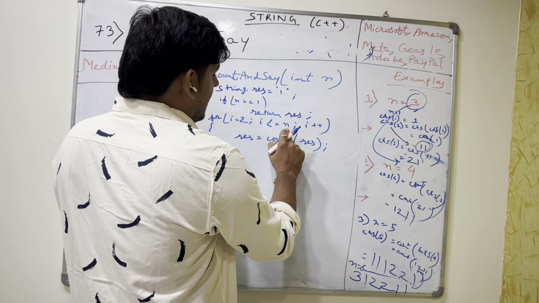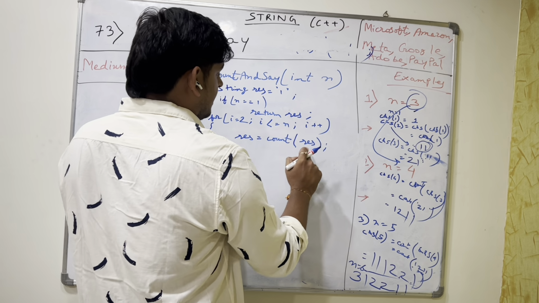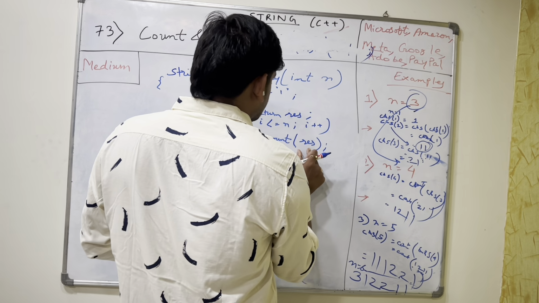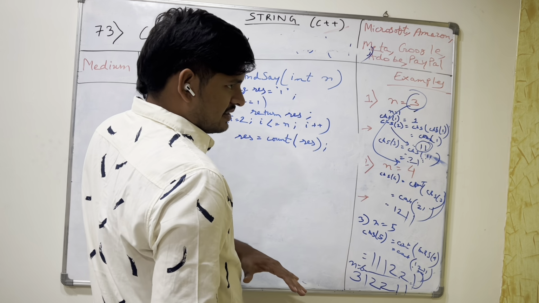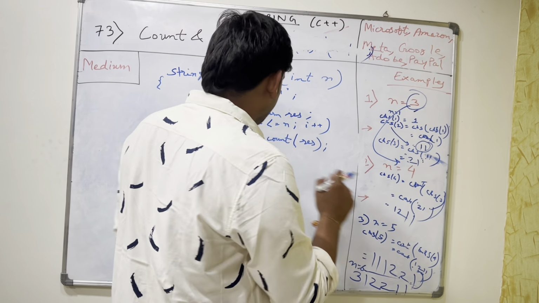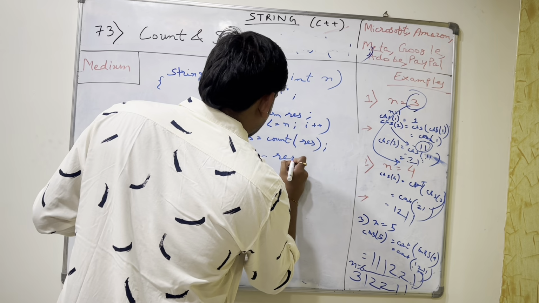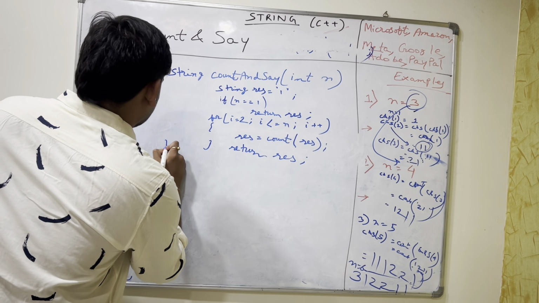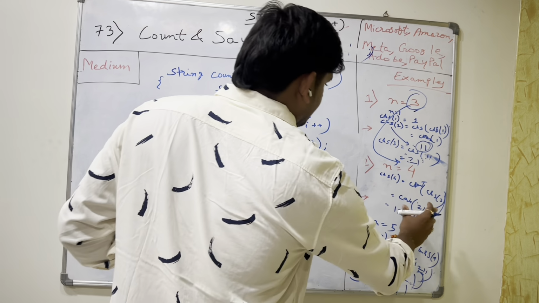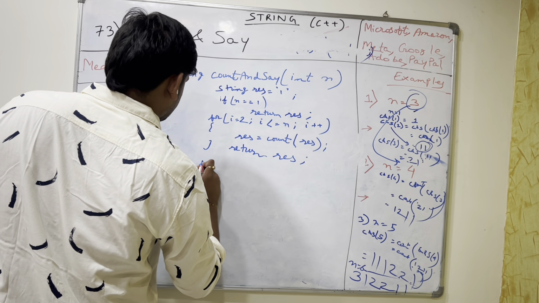But if n was 4 and i is 3, then again this 2 1 will go to this count and this will give us the result, and we'll see, okay, now i has increased to 4 and we have our result, so we will return result. Okay, so this is done. Now we will define this logic of how we are counting in the function string count.